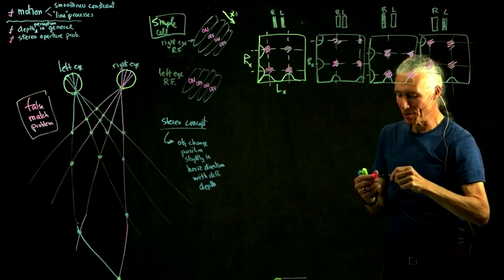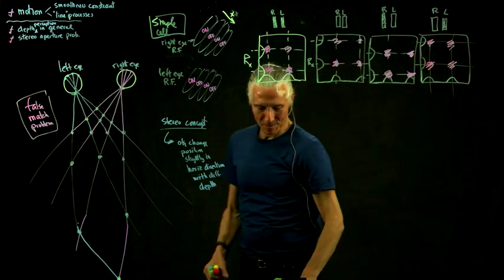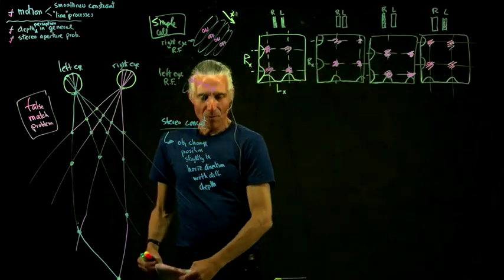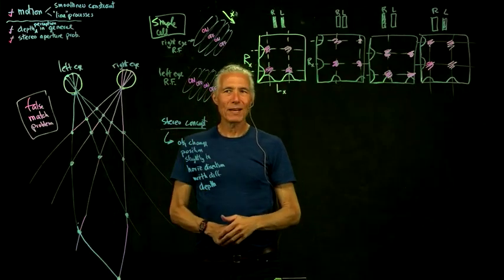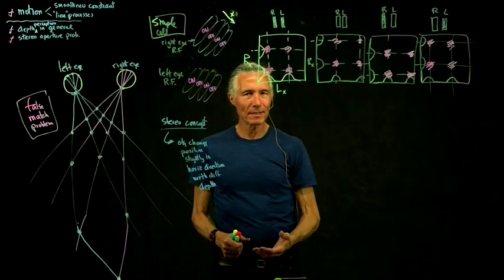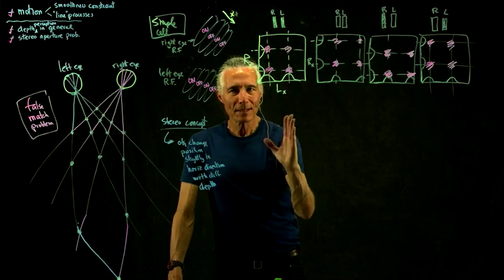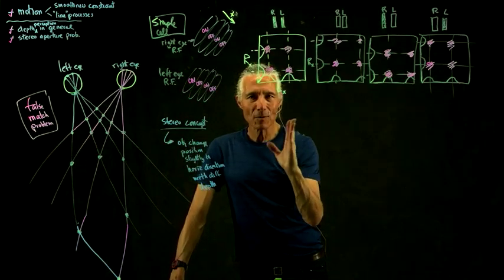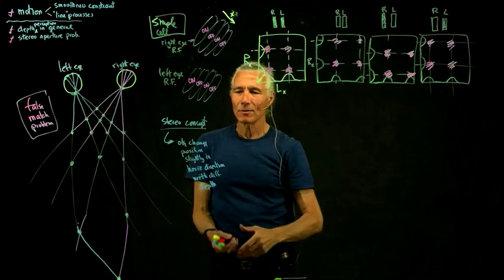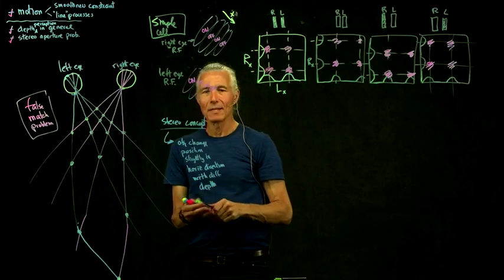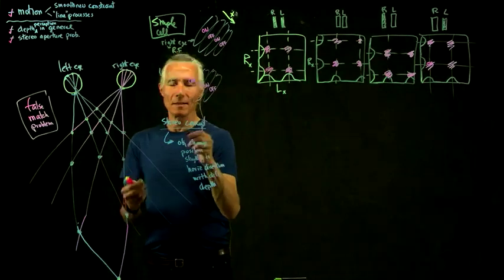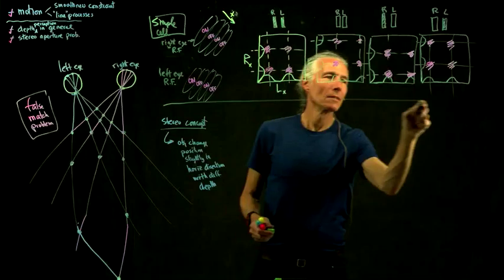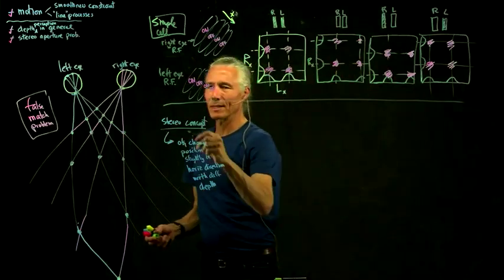So how on earth does the system solve this? One of the advantages of a complex cell is that it doesn't really know where the bar is. It doesn't really know whether it's light or dark. So we do the same test with a complex cell, except now using a stereo stimulus.